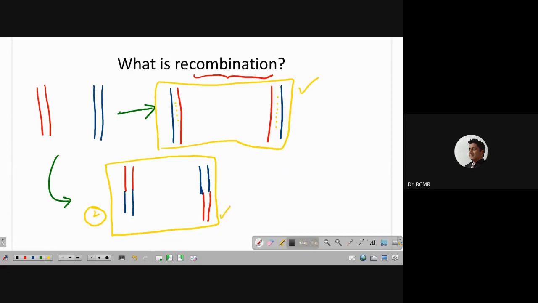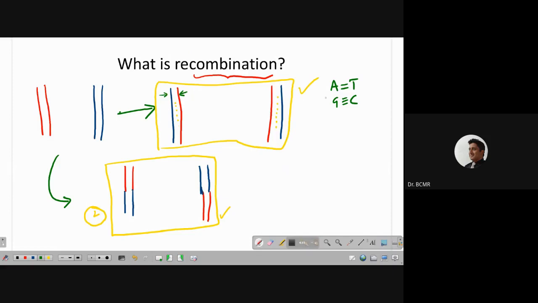Second thing is that if these two strands are able to base pair, then they should have been complementary. What do you mean by complementary? They should have followed Chargaff's rules, AT, GC, or Watson-Crick base pairing should have been there.